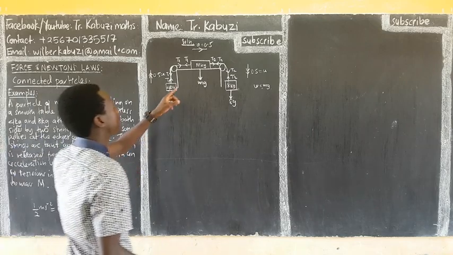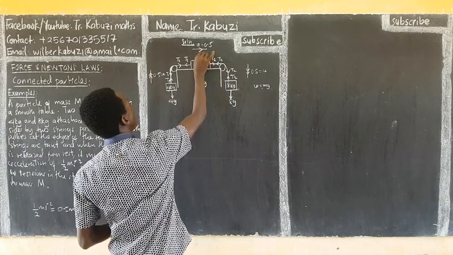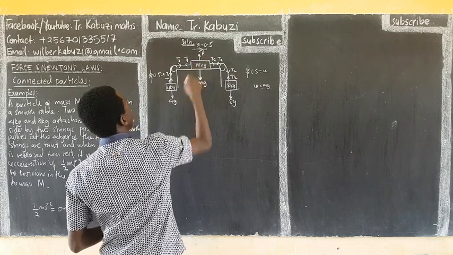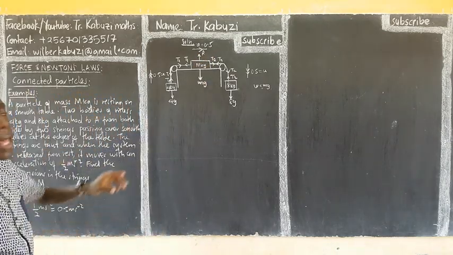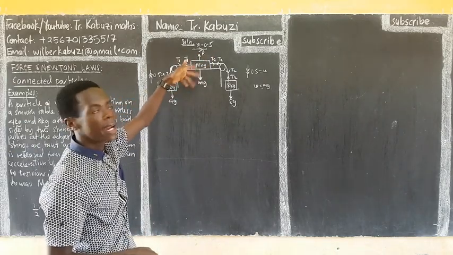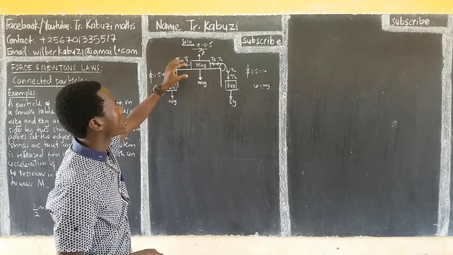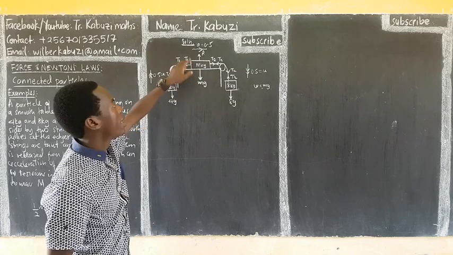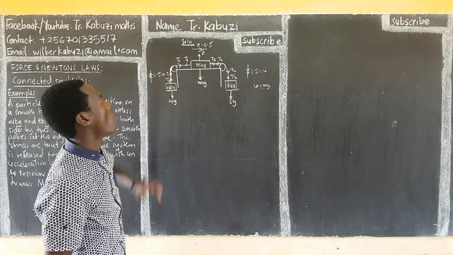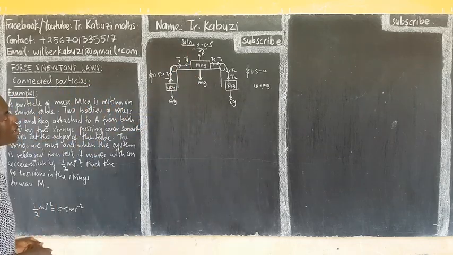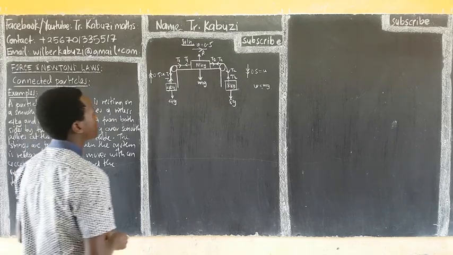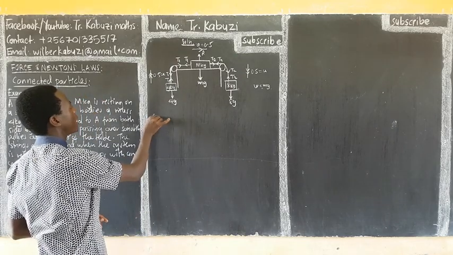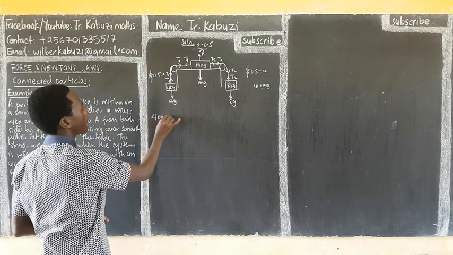Of course, if this one is resting, it's going to have a reaction. But this reaction is the same as the weight, because the body is not moving vertically, so vertically the forces are equal. After doing that, the rest I think is history. We just consider, let us have a 4 kilogram mass.